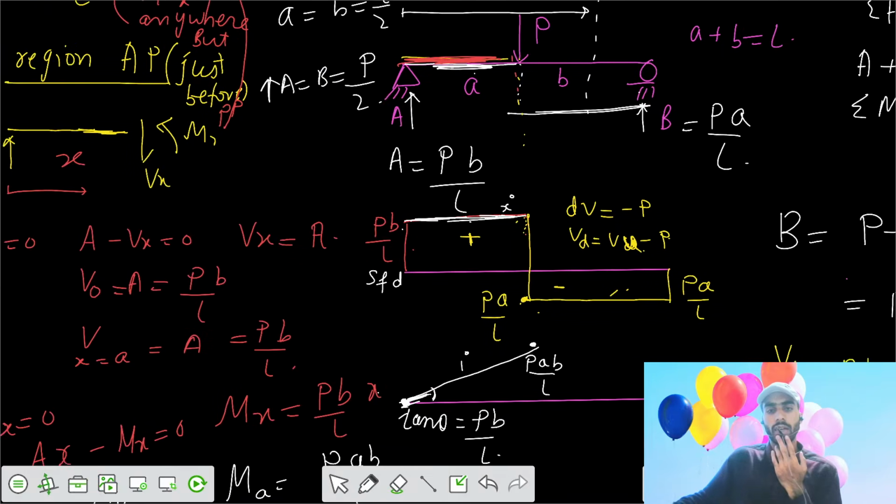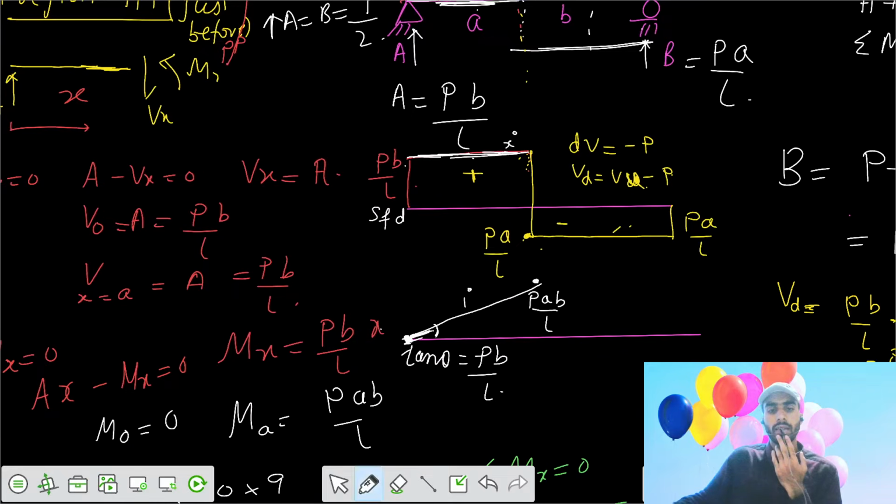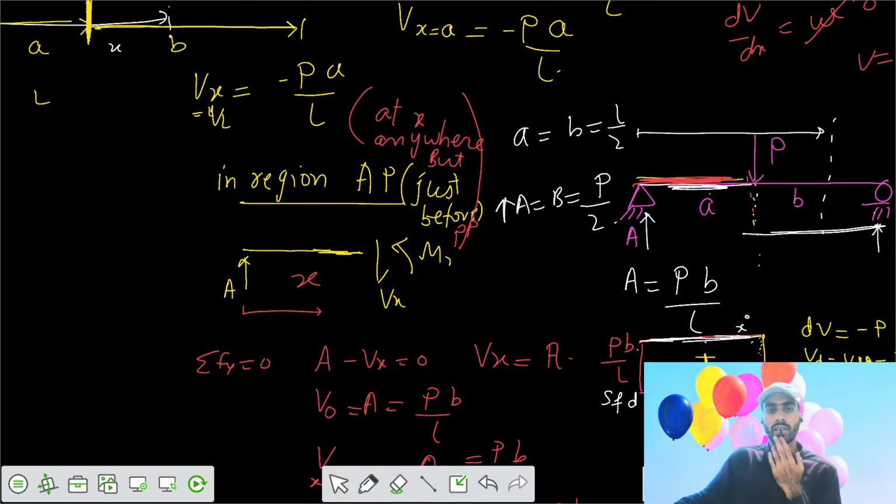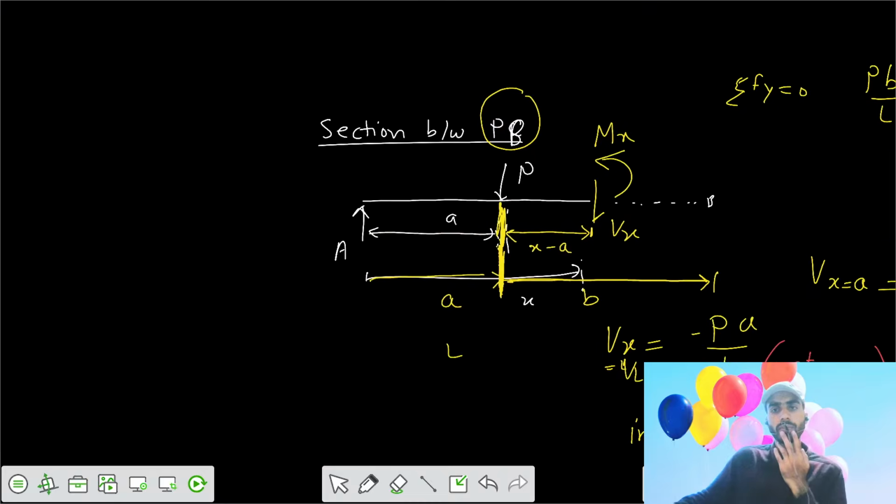Now if you want to calculate for the moment, we know that the variation would be linear, because this is a simply supported beam with no reaction moment, and then the line would be somewhat like this. Let's make the calculations.